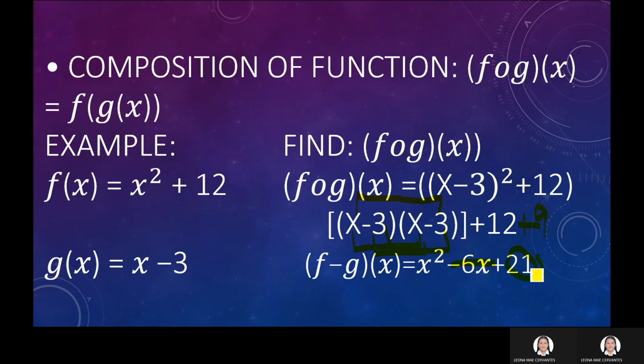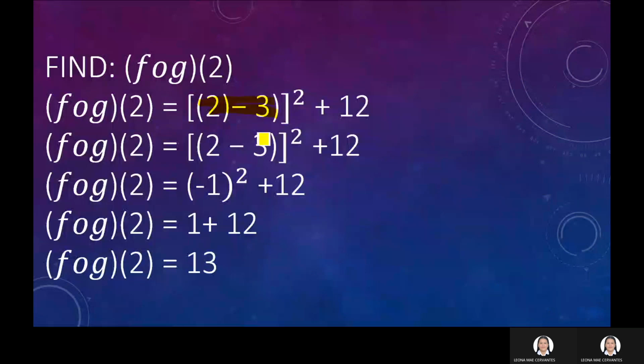So we have 2 minus 3 is negative 1 squared plus 12. So negative 1 times negative 1 is equal to positive 1 plus 12. So 1 plus 12 is equal to 13. So f composition of g of x, if x is equal to 2, is equal to 13. Okay?